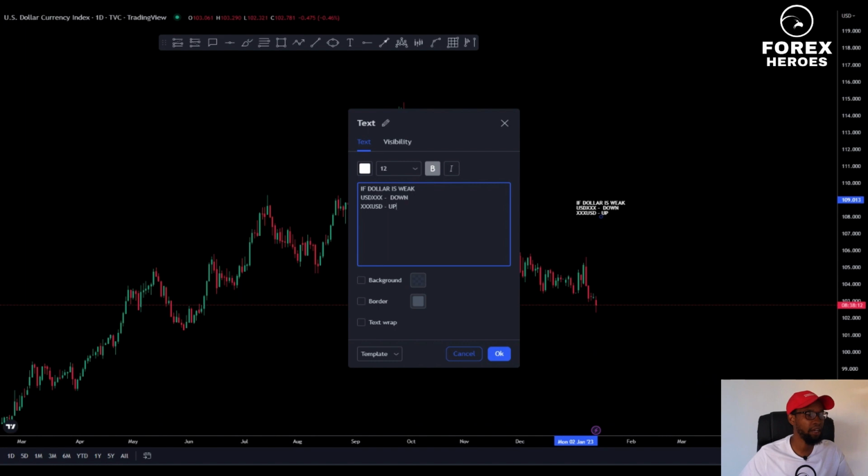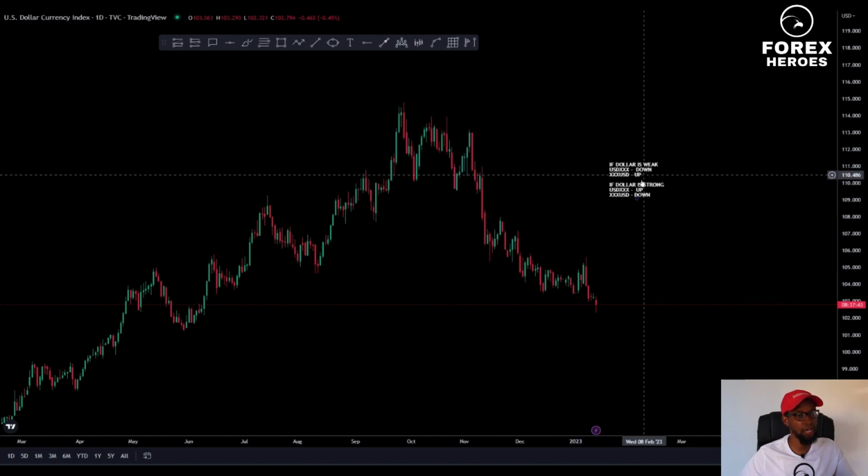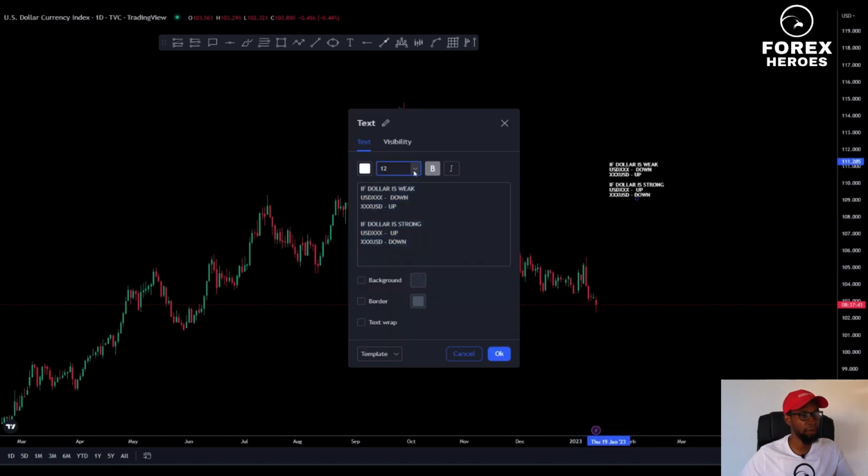I hope you follow, and if the dollar is stronger, the opposite applies. You understand? If the dollar is strong, this will be up, this will be down. So this is just how you see the market showing you its moves.